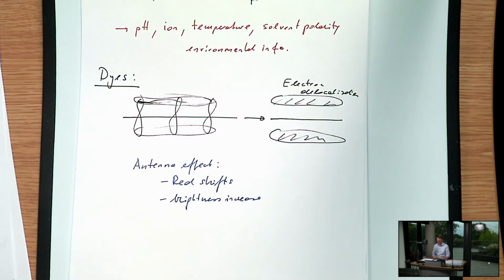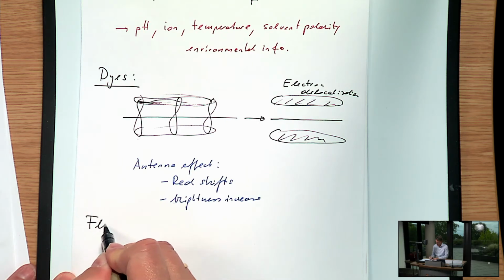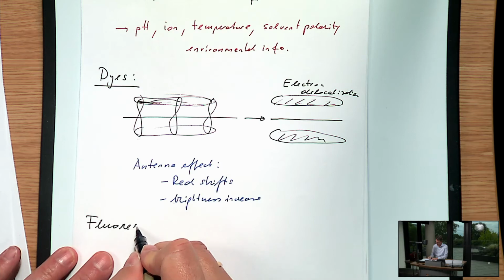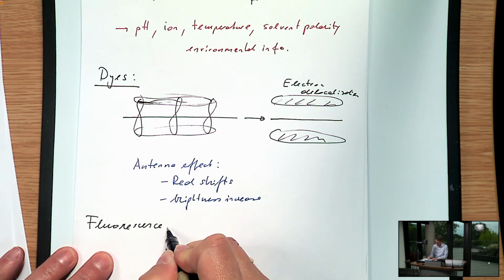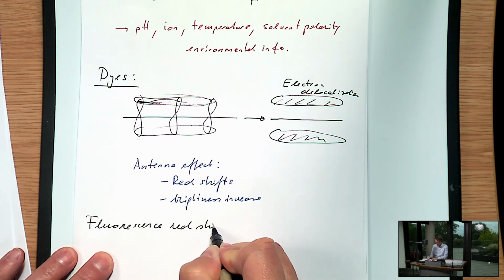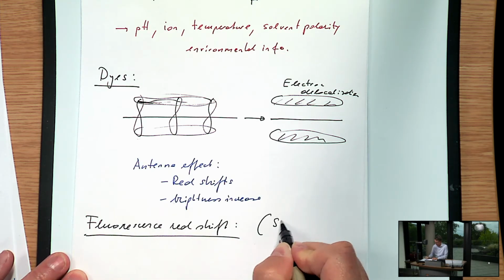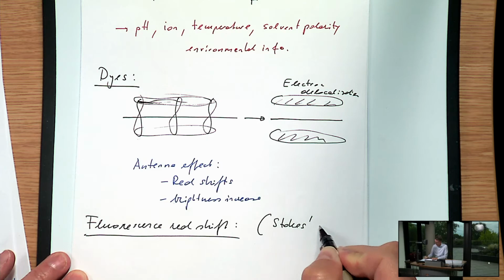The next thing that's very important to discuss is the so-called fluorescence redshift, also called the Stokes shift, after the famous physicist Gabriel Stokes.